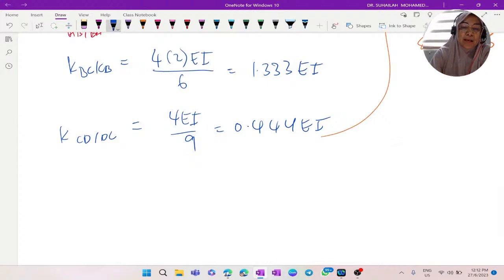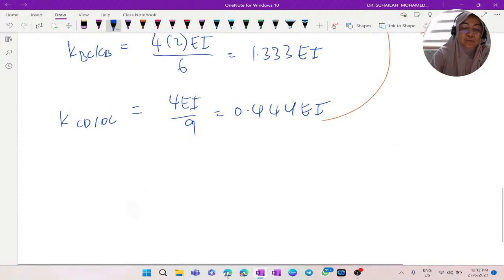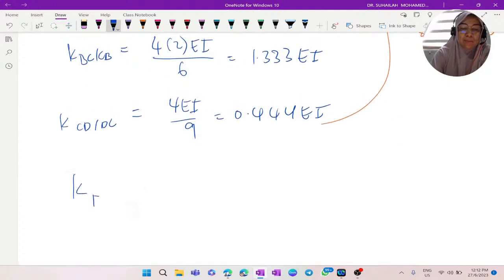So K at B is the total K at joint B, a combination of BA and BC, because at B we have BA and BC for the end moment.